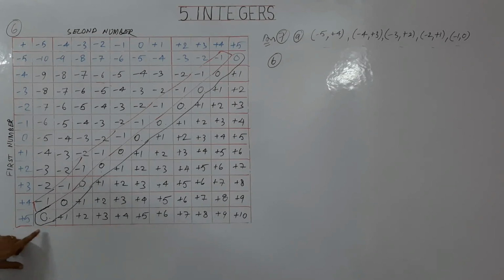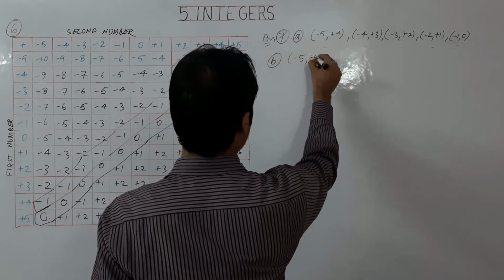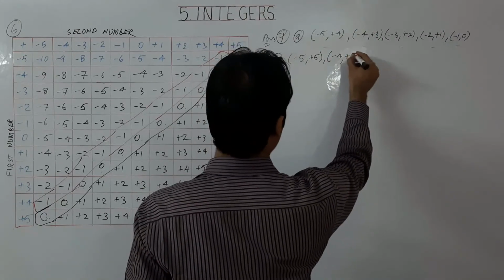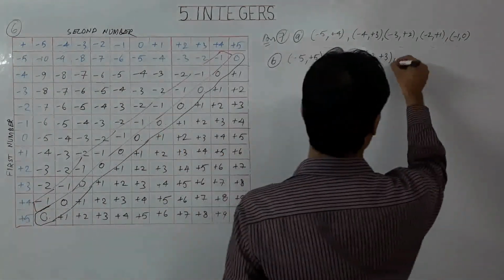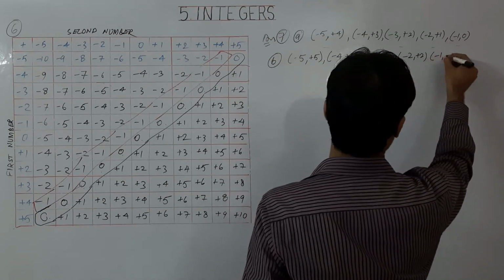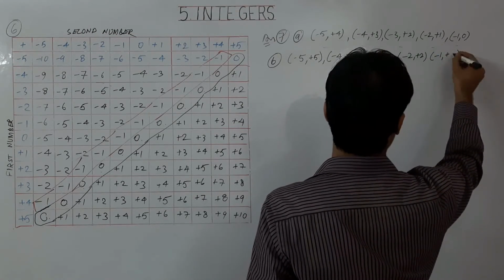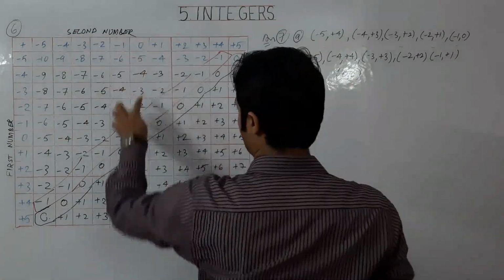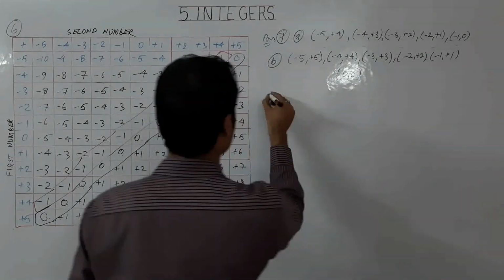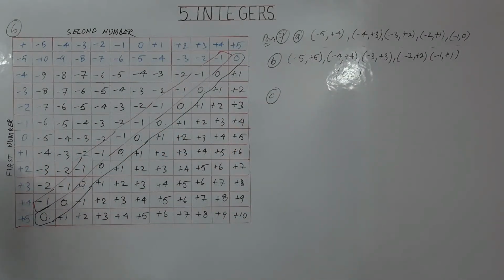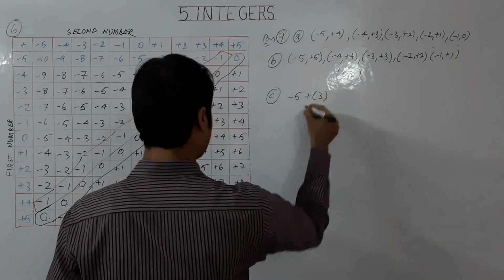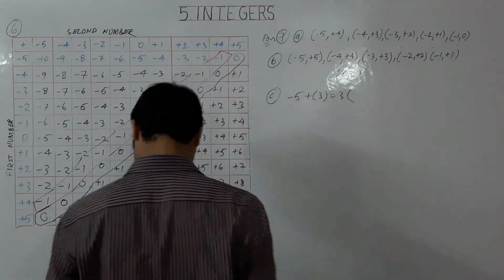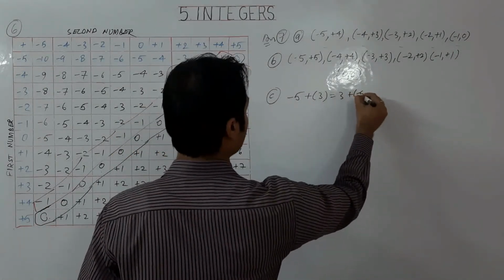So for 0 we have +5 and -5, then -4 +4, next -3 +3, -2 +2, -1 +1, and last 0 and 0. Then part C is -5 +3, equals 3 plus -5.